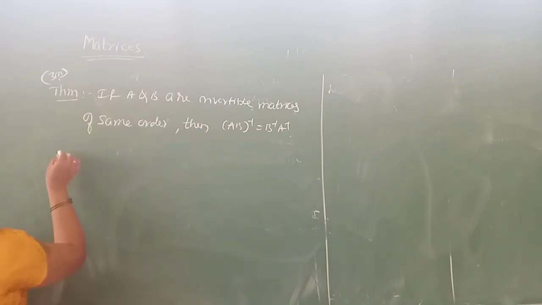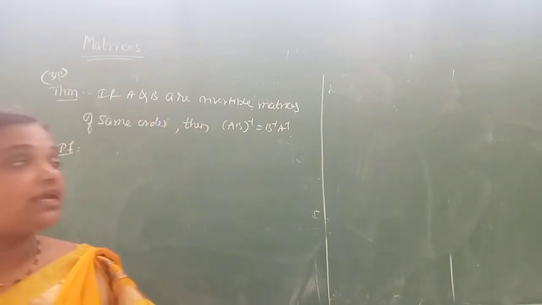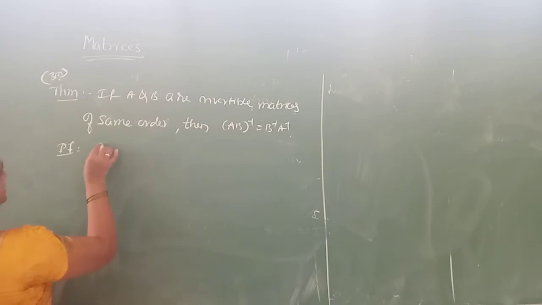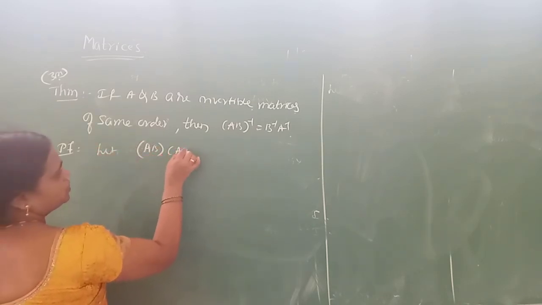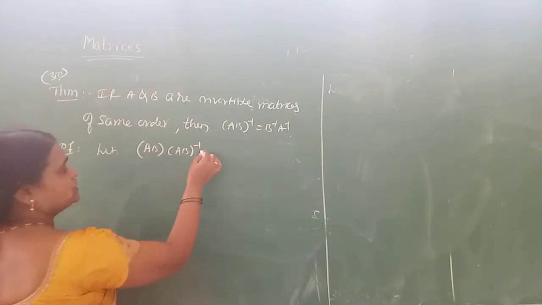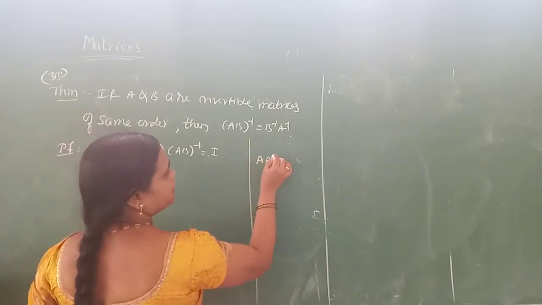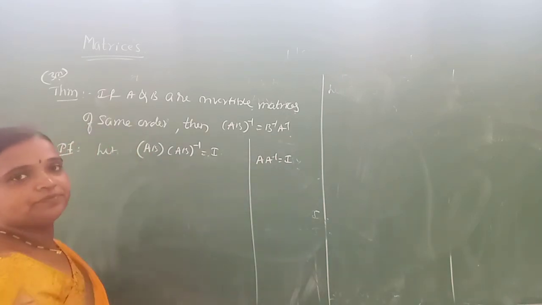Solution or proof. A and B are invertible matrices, which means AA inverse equals A inverse A equals I. Are you understood? Next, let AB into the inverse of AB be I, because we know that A into A inverse is I. Instead of A, here we consider AB.